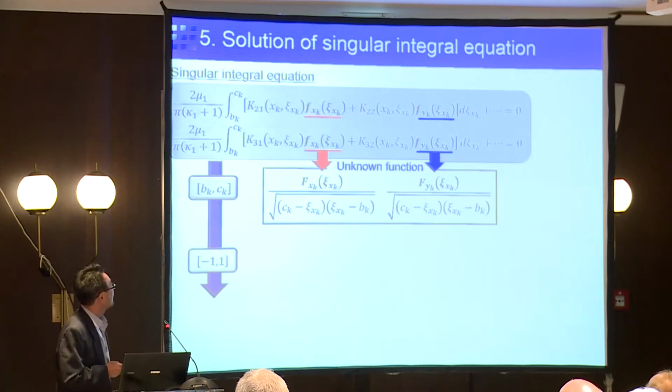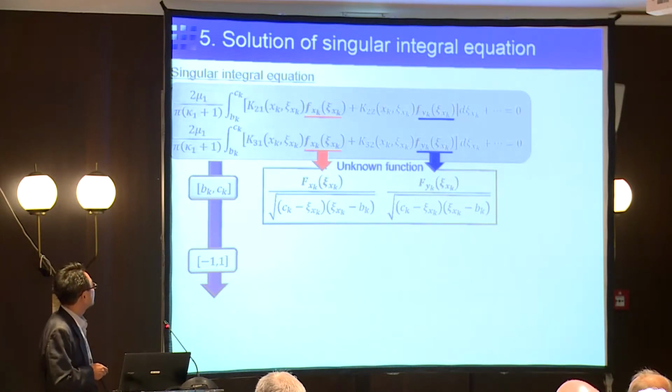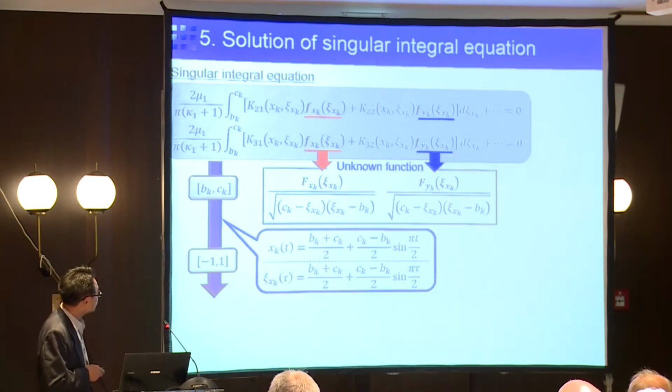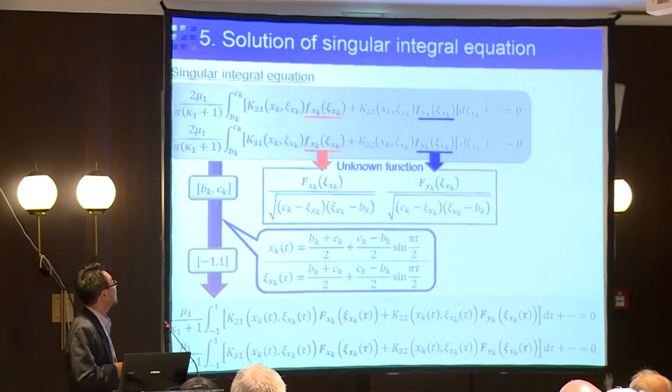The integral interval bk to ck was also converted to the normalized interval minus 1 to 1 using this equation. Finally, we have a normalized singular integral equation as shown here.